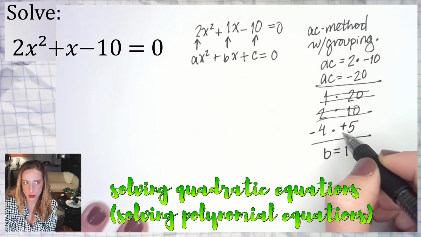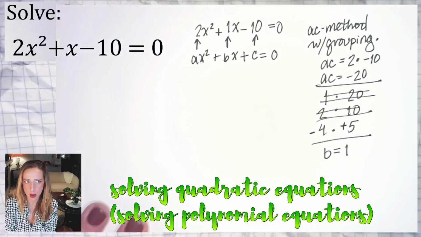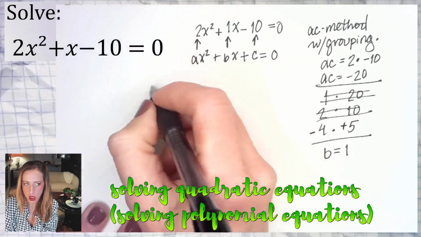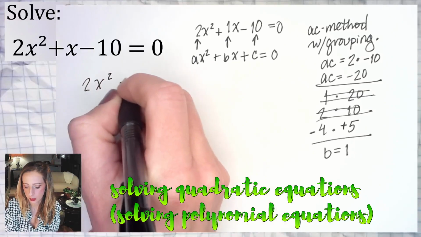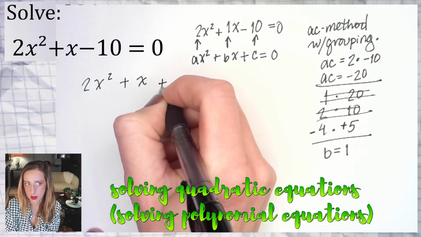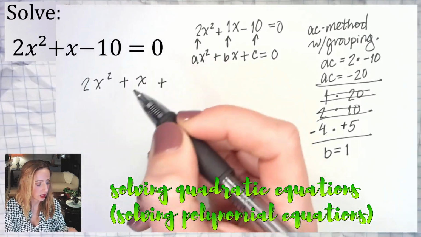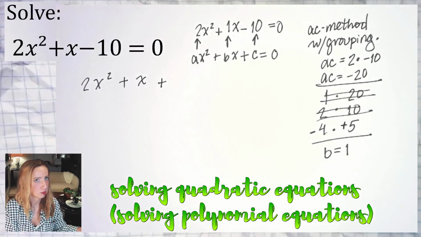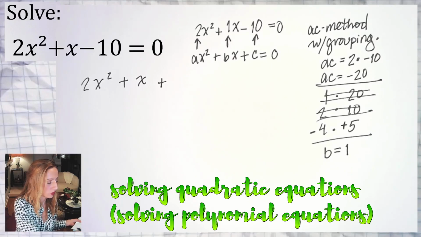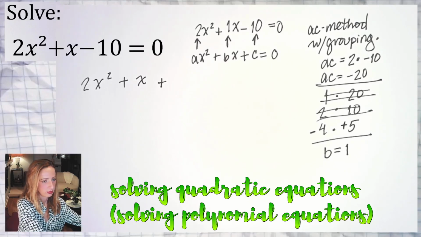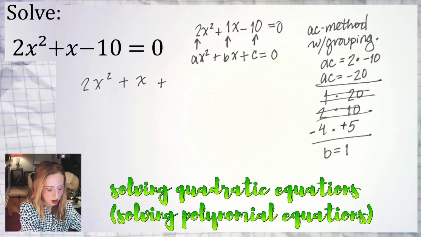So we're going to use those 2 numbers to split that middle term of x or 1x. So we have, let's just scooch over here, 2x squared plus x plus, just kidding, it's minus. I need my white out. I don't want to give you guys a messy paper.